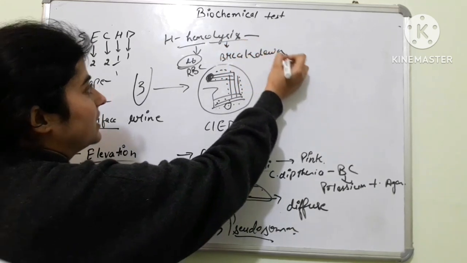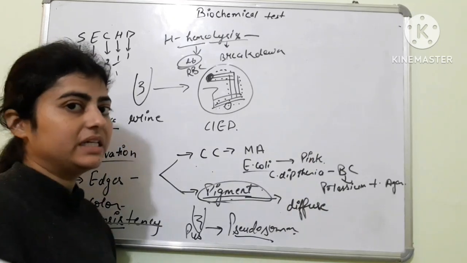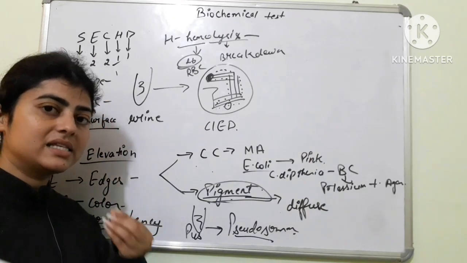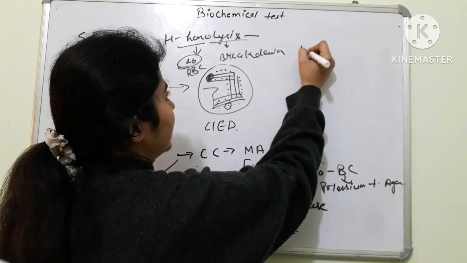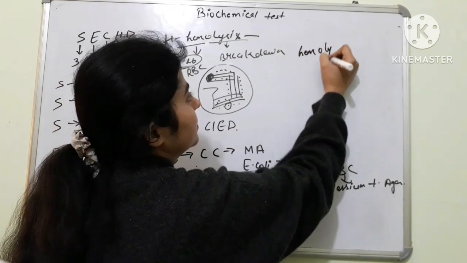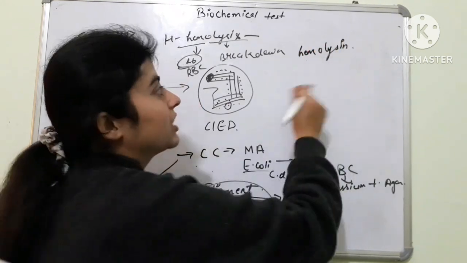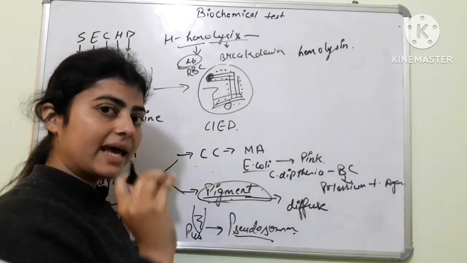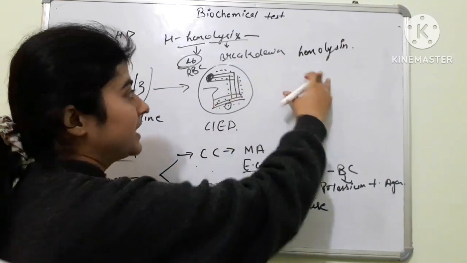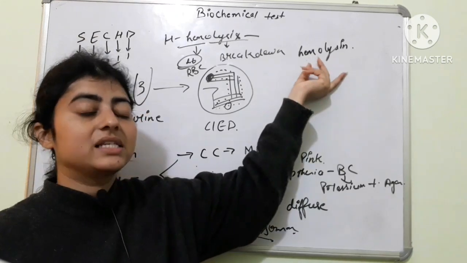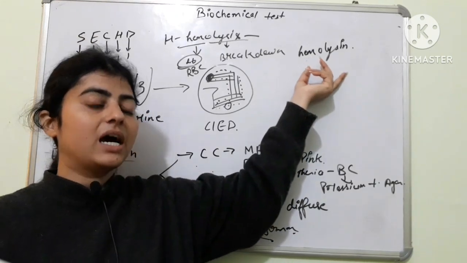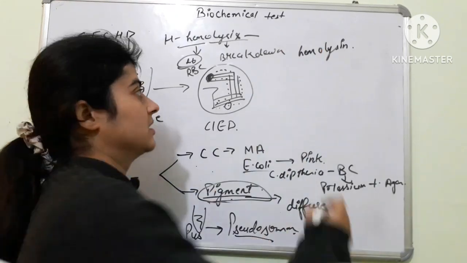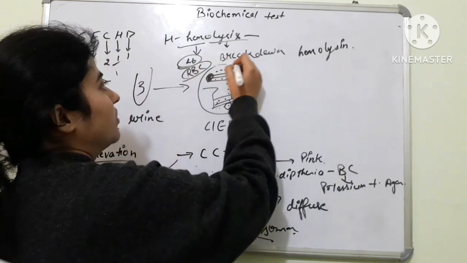If bacteria produce an enzyme called hemolysin, okay, not lysis, it is lysin, I-N in the end, the bacteria that produce hemolysin would break down the RBCs.